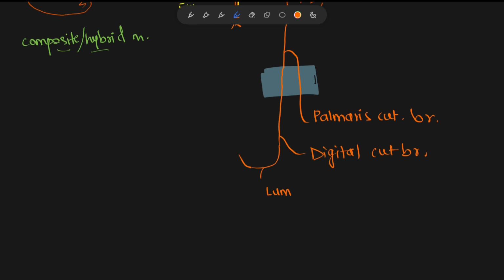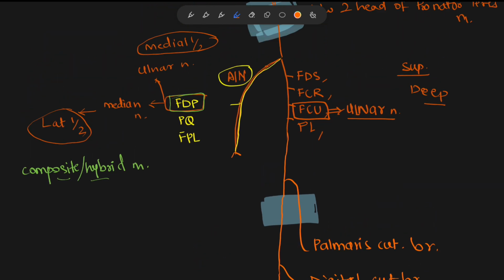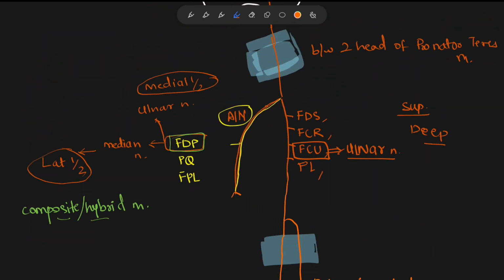Which lumbricals? L1, L2, and the thenar muscles, except adductor pollicis. Adductor pollicis is innervated by the ulnar nerve. Okay, is it clear? Let's do it again.